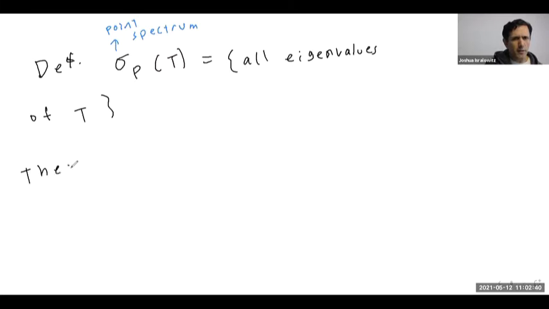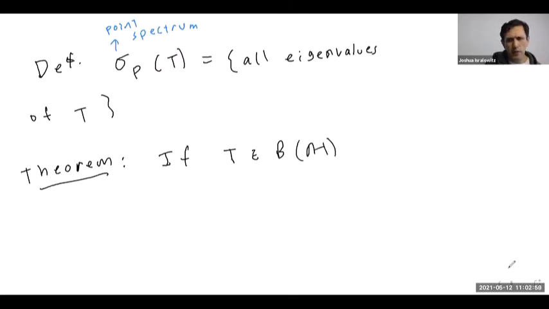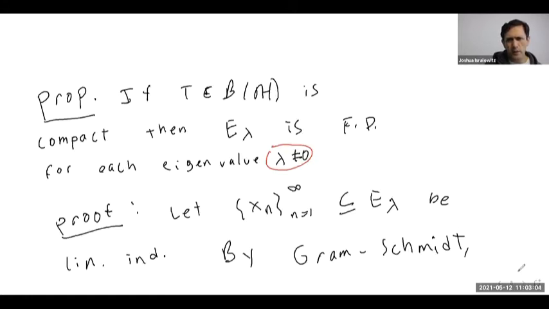So we have the following theorem. Really a lemma, but it's worthwhile as a theorem unto itself. So again, if I have a compact self-adjoint operator, I shouldn't say again because here we're not assuming self-adjoint.